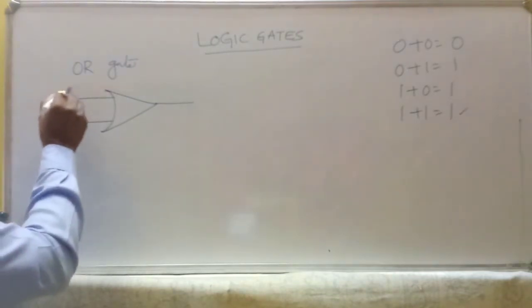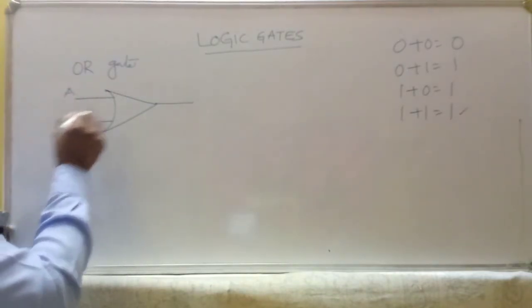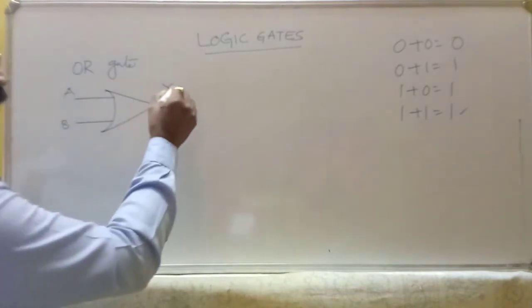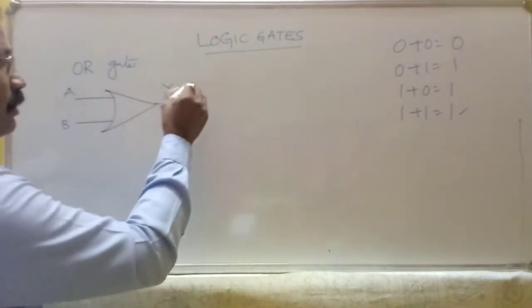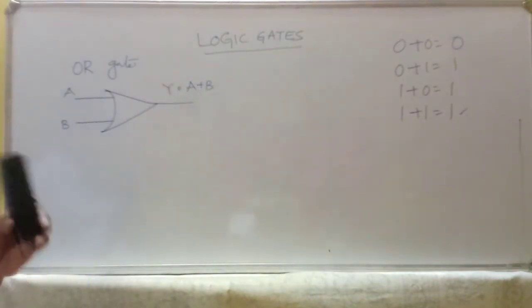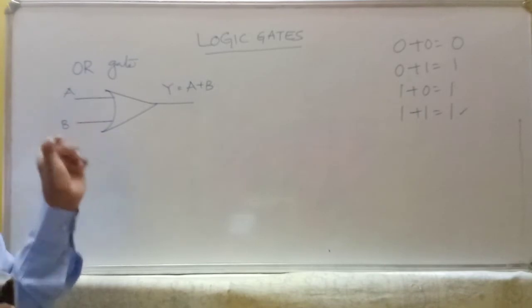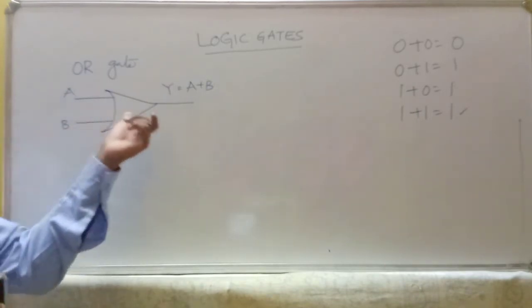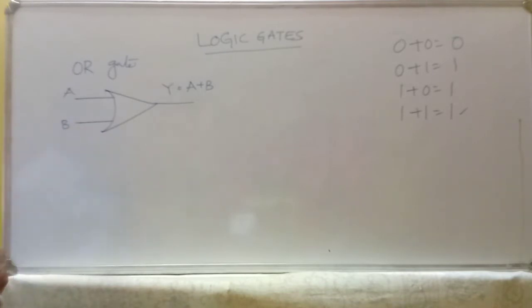Let the 2 inputs be A, B, and its output be Y. Y is equal to A plus B, because it is used to perform logical addition. OR gate is for addition.